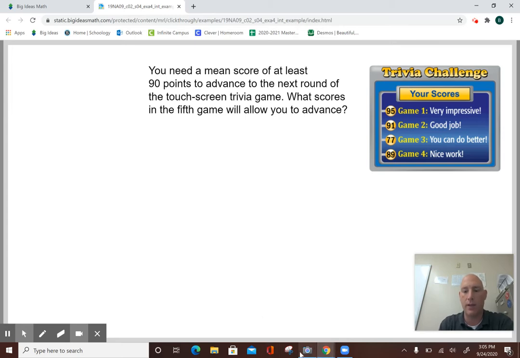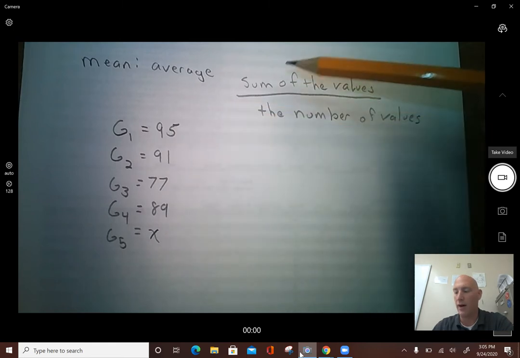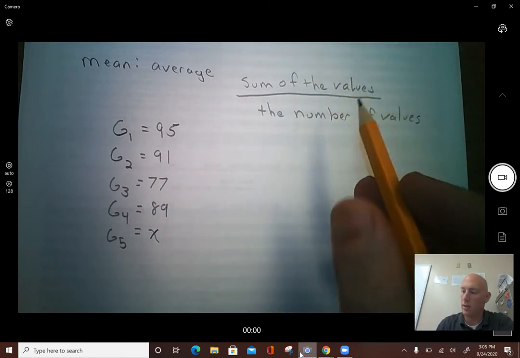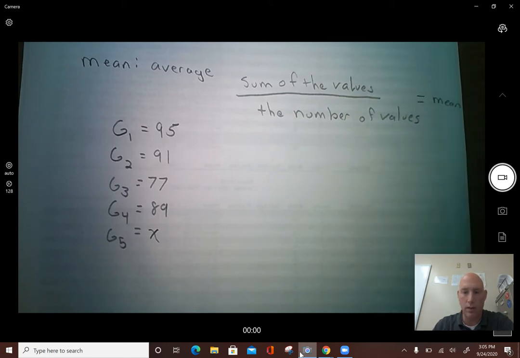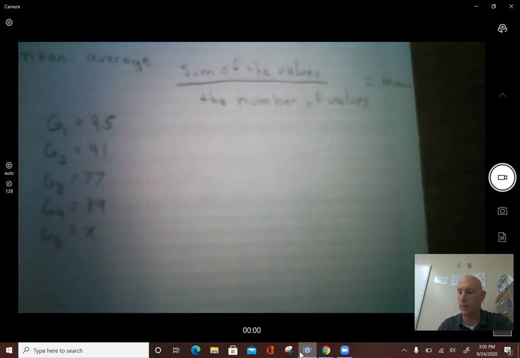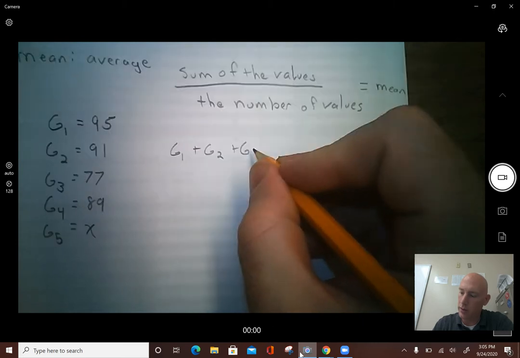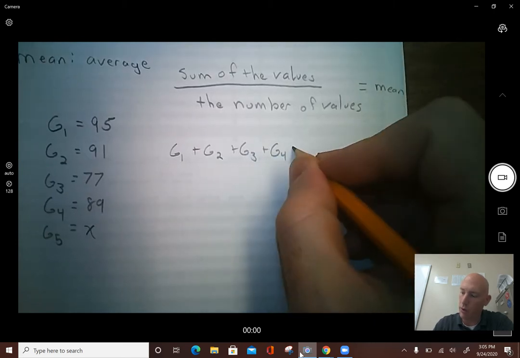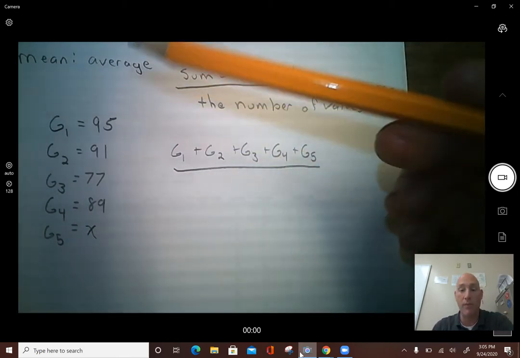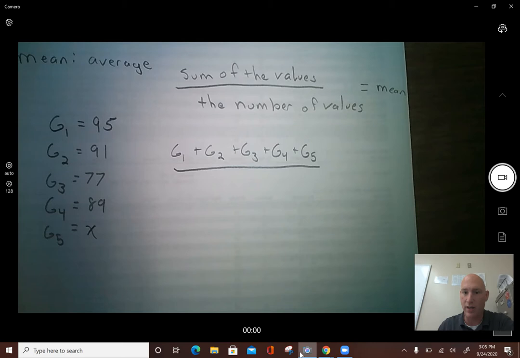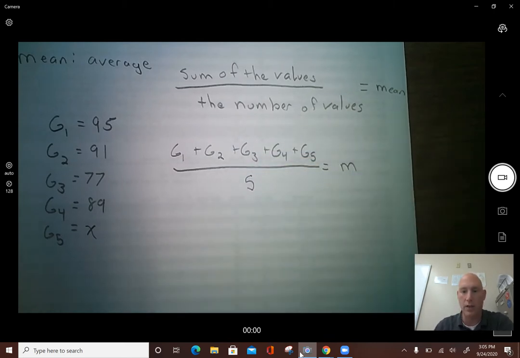Now we're going to come back to my paper, so you can see how I set it up. If I have to find the mean, the sum of all the values divided by the number of values equals the mean. It gives us a number that we call our average. So G1 plus G2 plus G3 plus G4 plus G5, all divided by 5 games, would equal our mean.